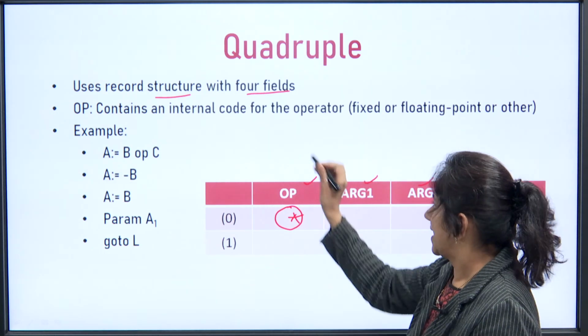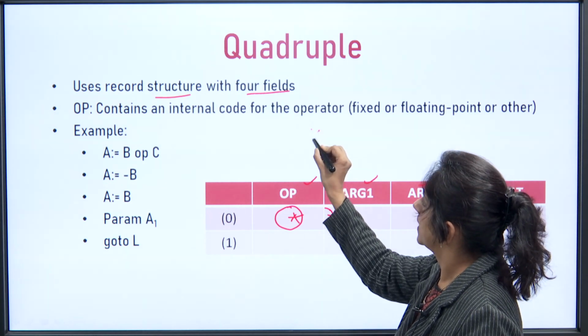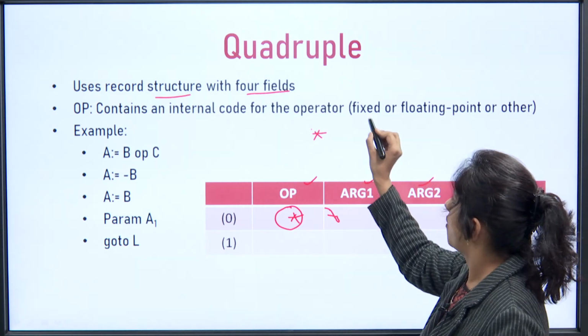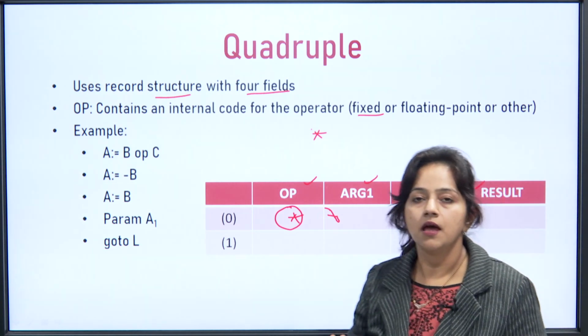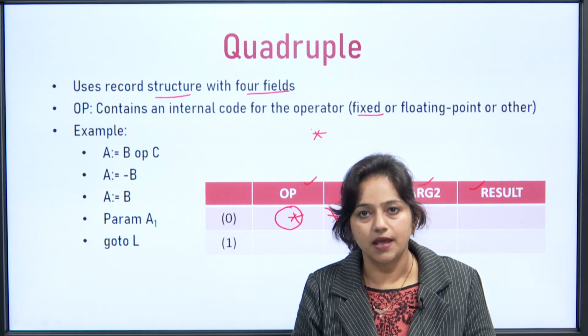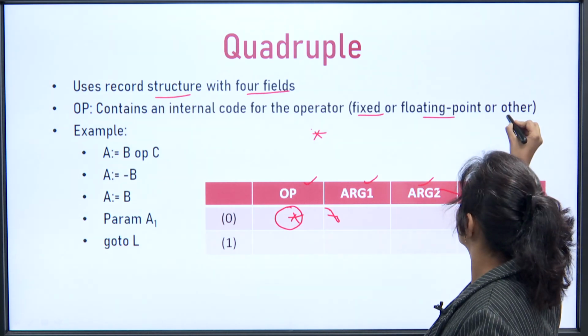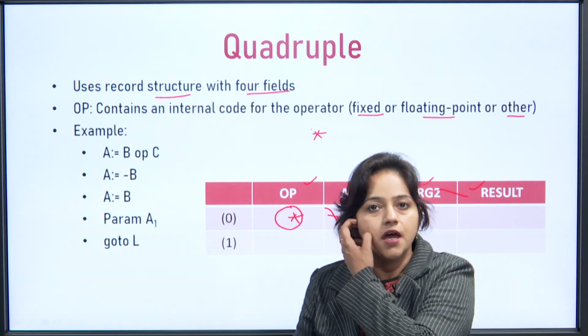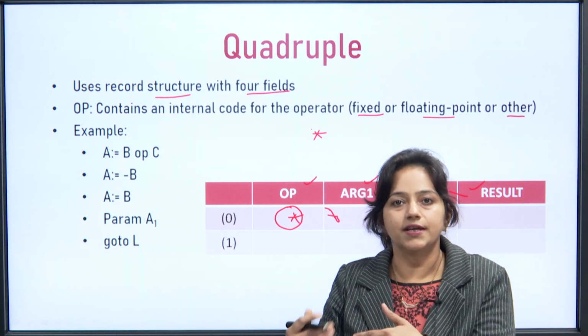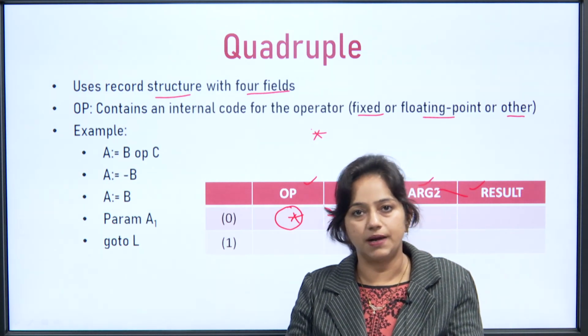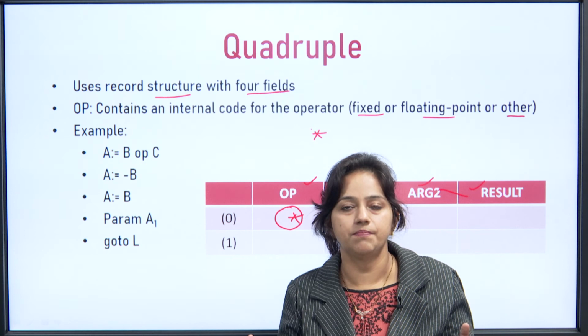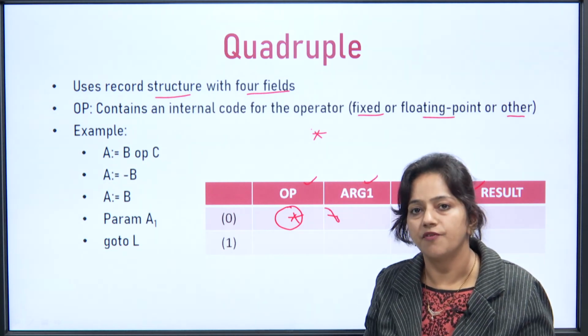Multiplication can be used for fixed point or integer variables, for floating point variables, or for other multiplication purposes.